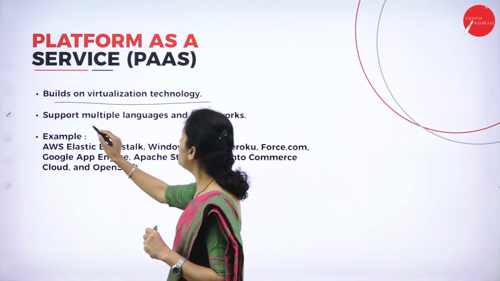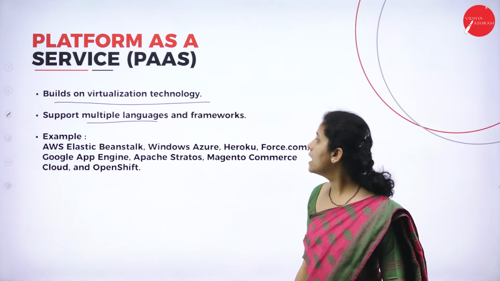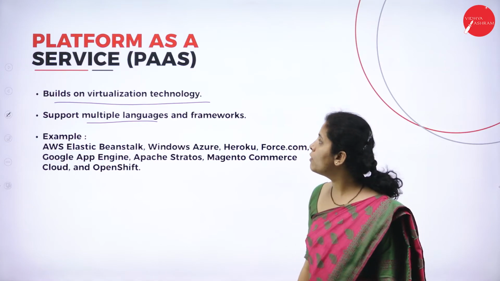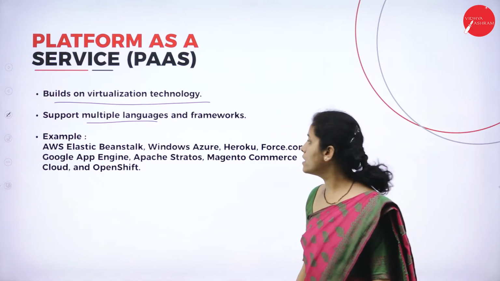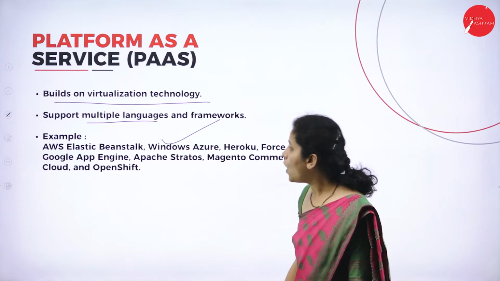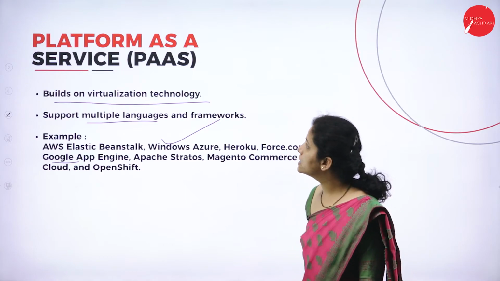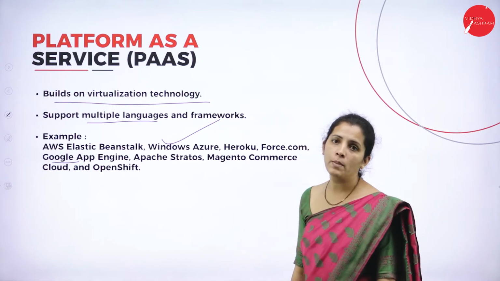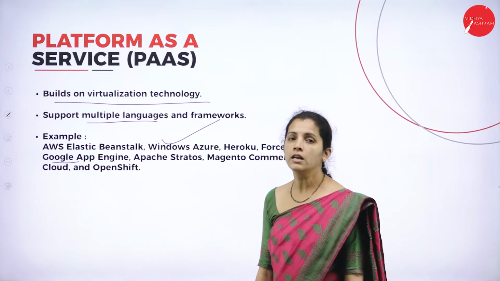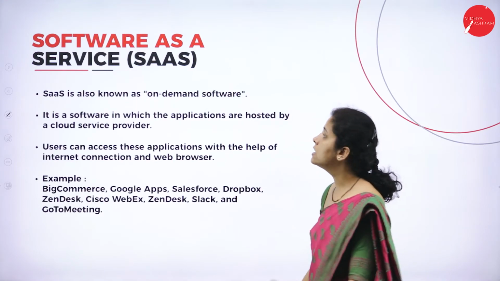And it supports multiple languages as well as frameworks. Some examples of platform as a service are Windows Azure or Google App Engine. These are the examples for platform as a service. Now, the third type of service here is SaaS.